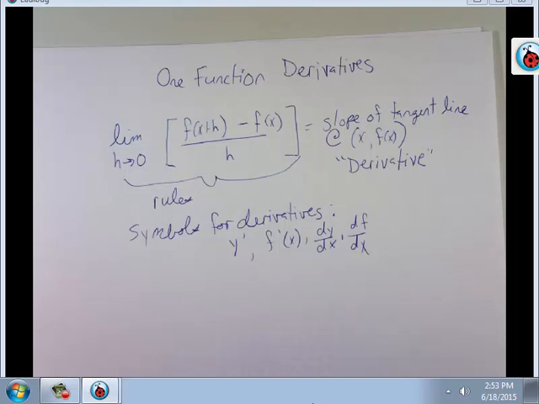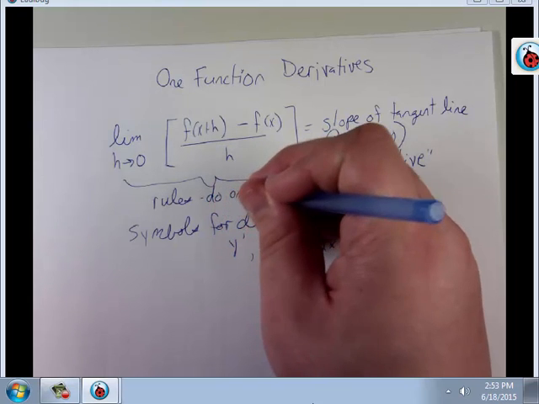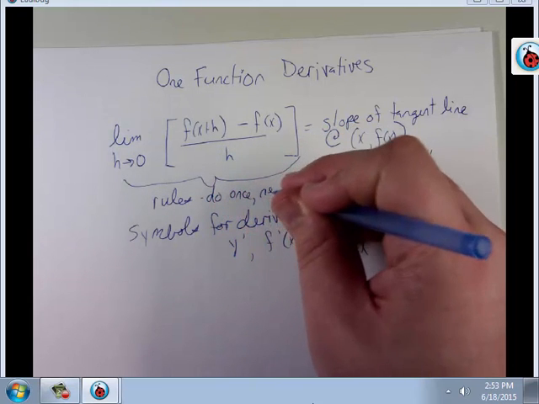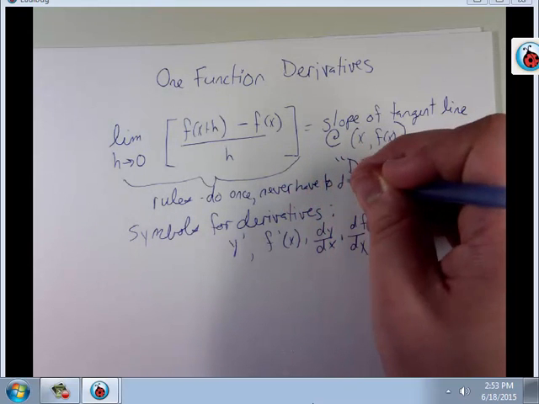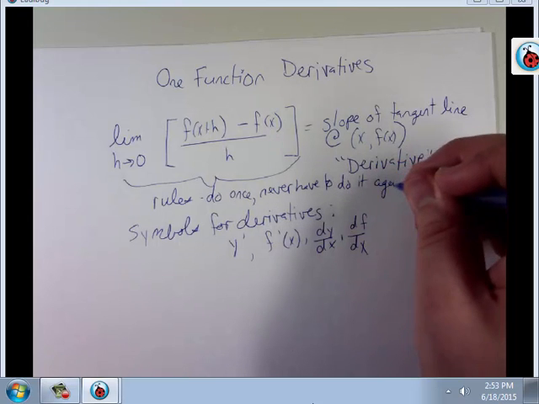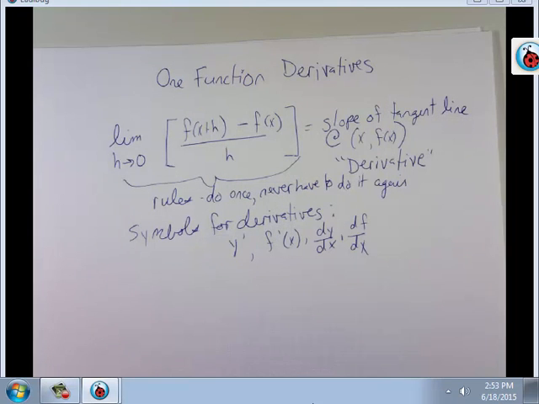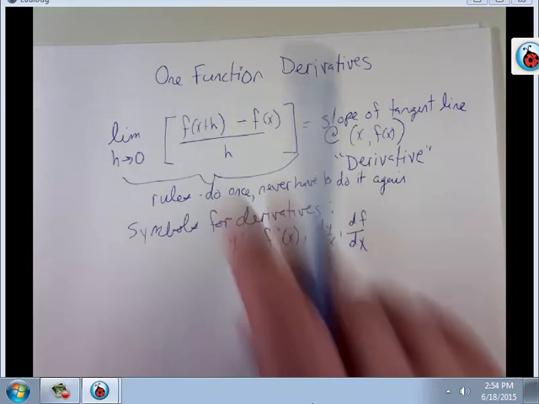Now the good thing with rules is that you do it once and never have to do it again. Alright, so like I said, this is one function derivatives.